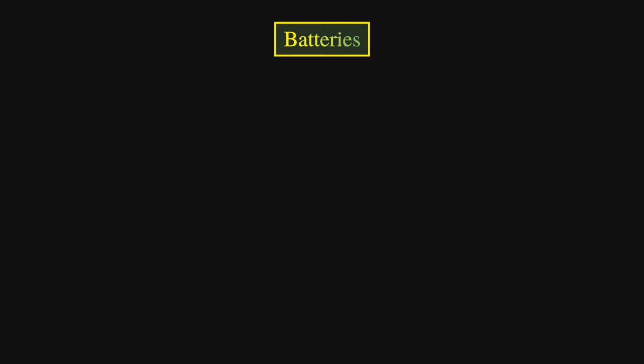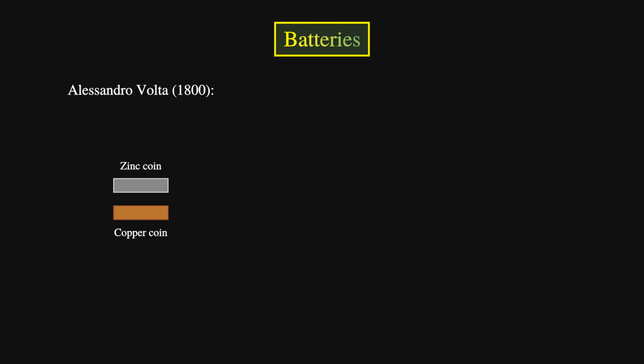The first ever electrochemical cell was built by Alessandro Volta in the year 1800. It consisted of copper and zinc coins, separated by cloth soaked in seawater. As we've established, copper is an element that accepts electrons, making it the cathode, while zinc is an element that easily gives up electrons, making it the anode.